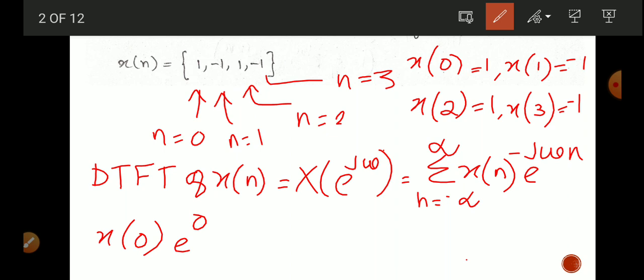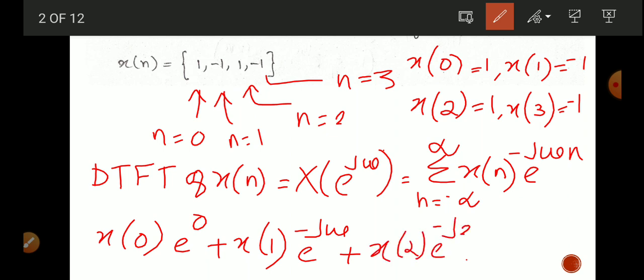In the case of x of 0, we have the value as 1. So x of 0 e raised to 0 plus x of 1 into e raised to minus j omega, substituting n equal to 1, plus for n equal to 2, x of 2 e raised to minus j 2 omega, and for n equal to 3, x of 3 e raised to minus j 3 omega.